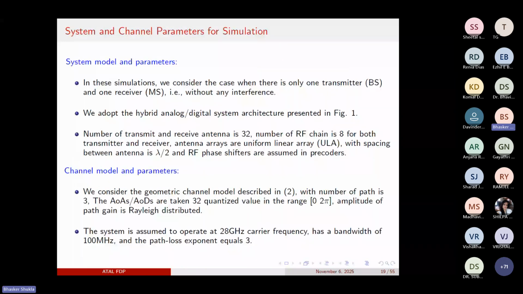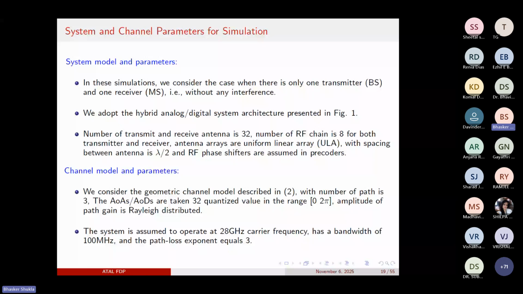And here are the simulation parameters for the above system that I have taken. Here we have considered only one transmitter and receiver with multiple antennas, and both have 32 antennas.